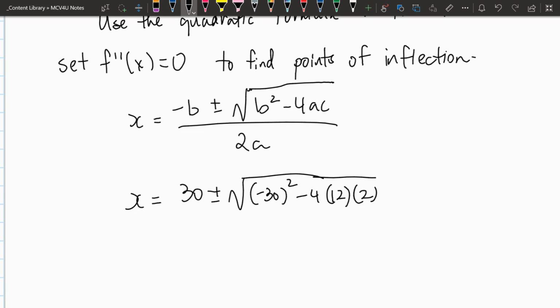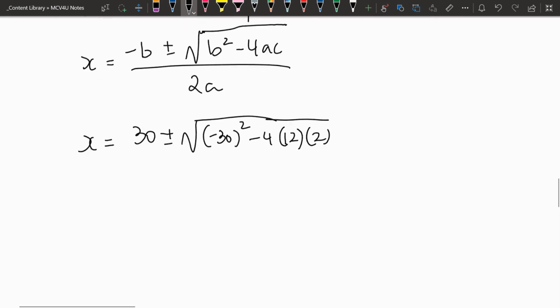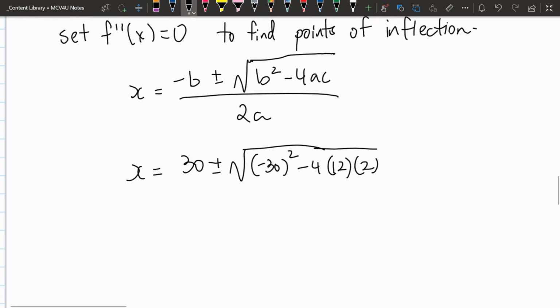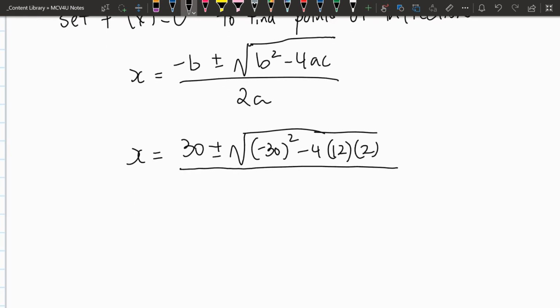Just double check. Oh, 2, okay. All over 2 times a, which is 12. Okay, so if you calculate out the x, you should get two answers, 2.43 and 0.07.